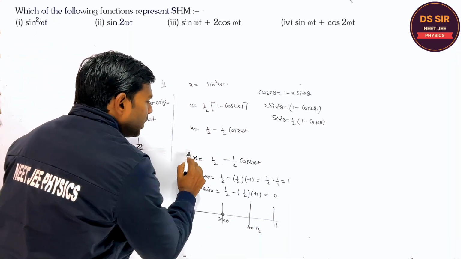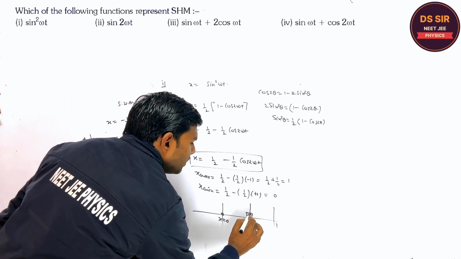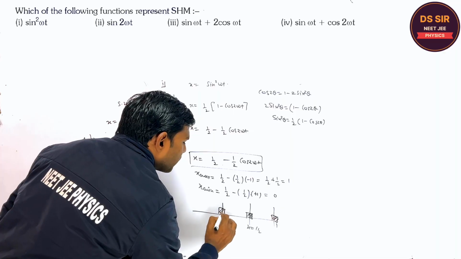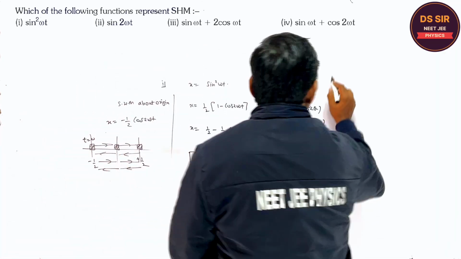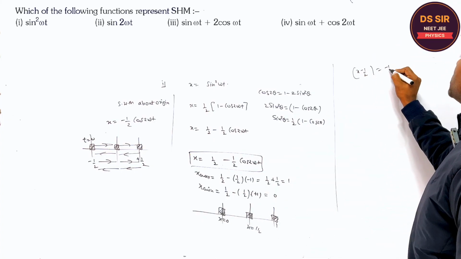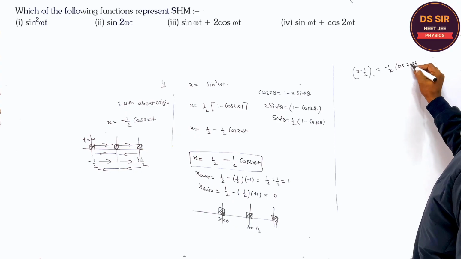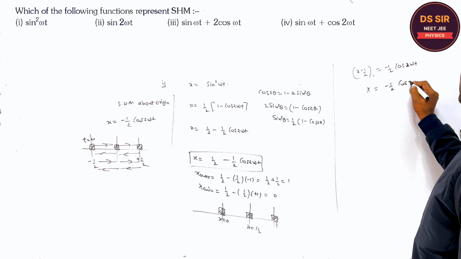So now if the equation of motion is this, the particle's mean position is 1 by 2, and it is performing oscillation like this. Are you getting or not? In other way, you may write x minus 1 by 2 is equal to minus 1 by 2 cos 2 omega t, right? So you may write it as a new x-axis.